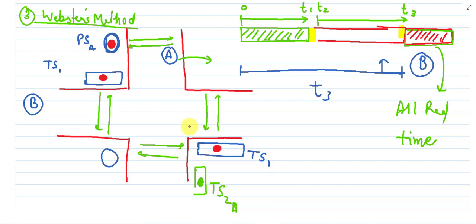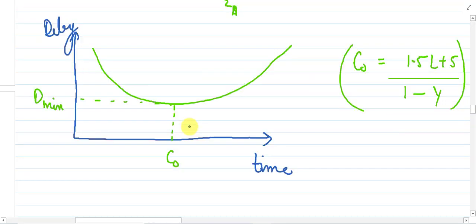Now we will see how the Webster method is calculated, and why it is called the Webster. So in this graph you can see that the y-axis shows delays and x-axis shows your cycle length.